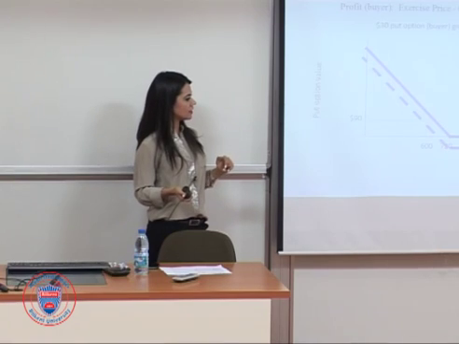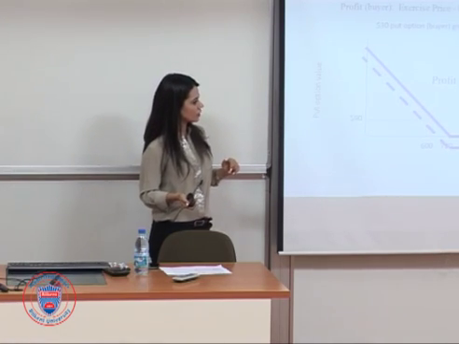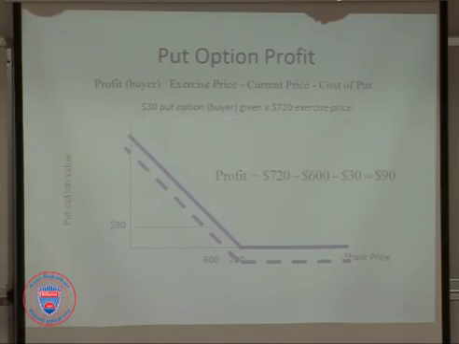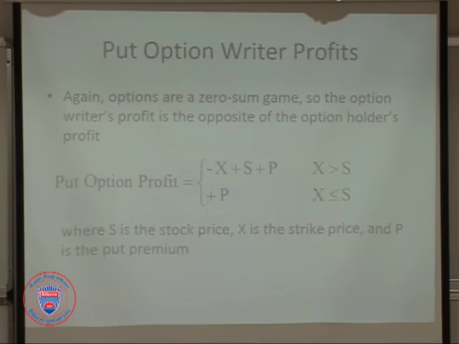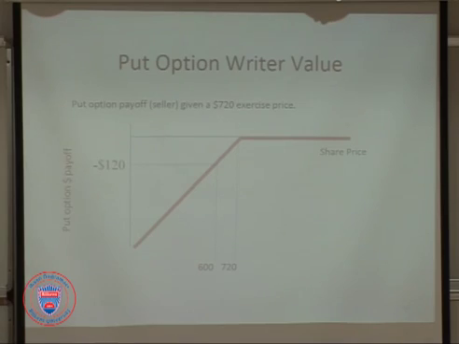When you look at this, this is a $30 put option. Sorry, I missed it. I thought it was 20. So basically, your profit will be $90. When you look at the case for the put option writer's profit, it is just going to be the opposite.